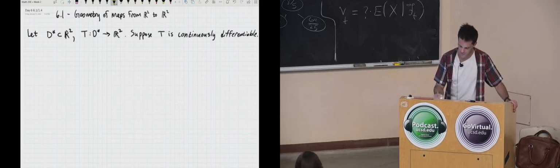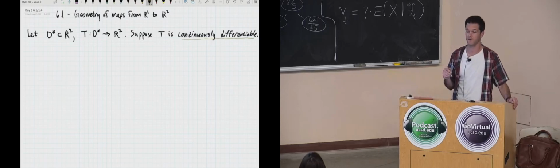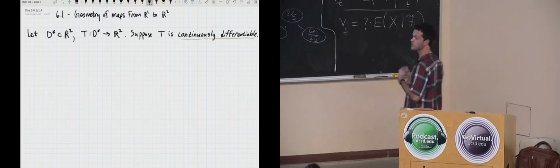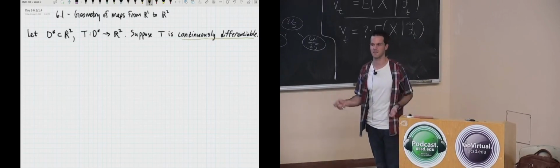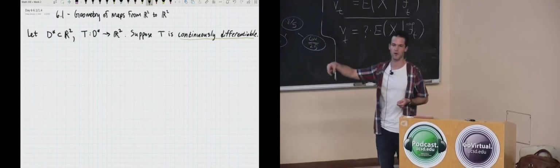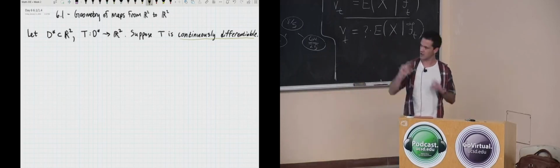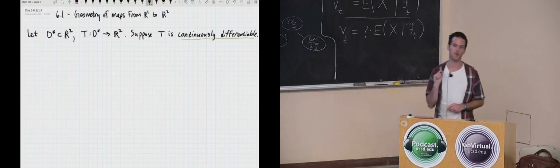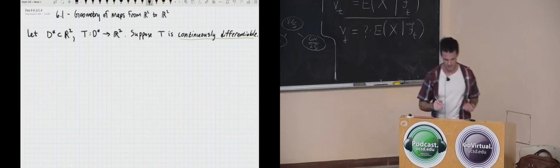Yeah, what's continuously differentiable? It includes differentiable. It's stronger than differentiable. Differentiable means that it has a derivative; the derivative exists. In this case it would be all of its partial derivatives. But the continuously part means that, moreover, all those derivatives are continuous.